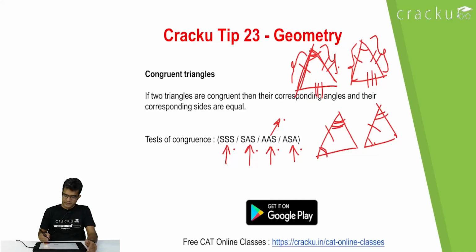So if these two angles are the same as these two angles, then the third angle will also be the same, because it will be 180 degrees minus the sum of the remaining two angles. So if you get two angles to be the same and the corresponding side to be the same, then also they are congruent triangles. Let us now look at the next slide.